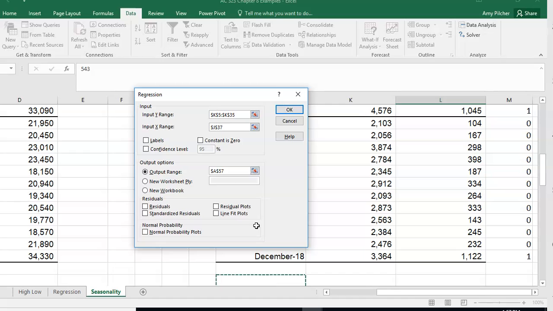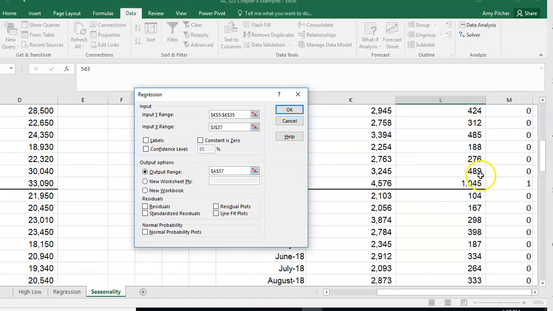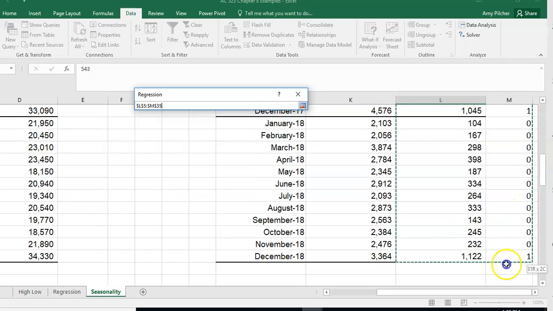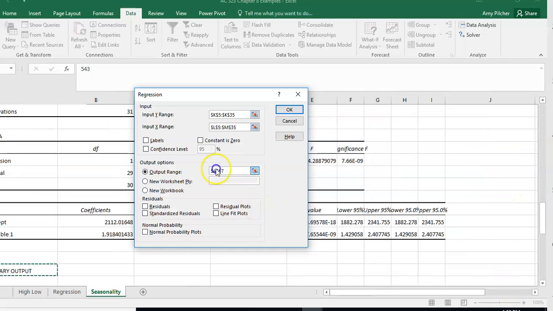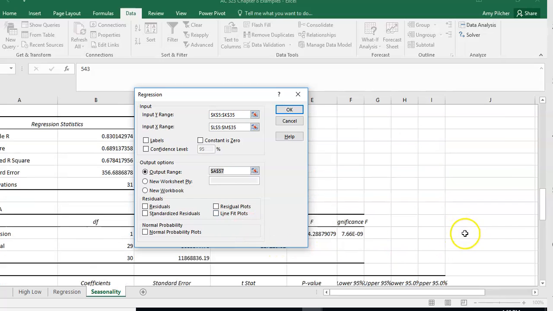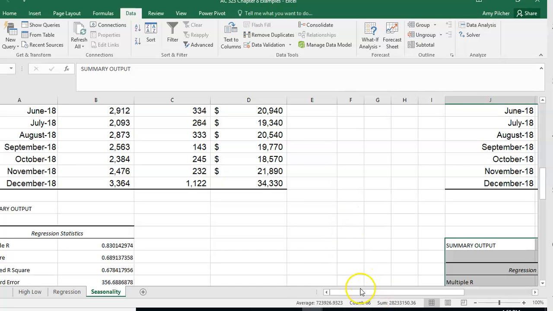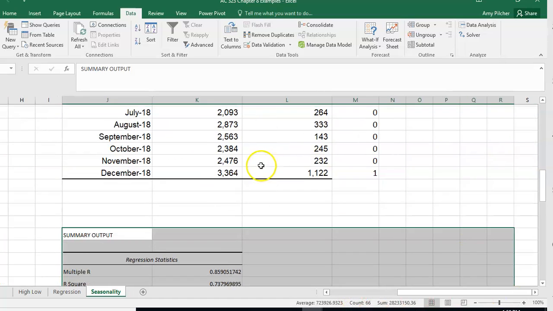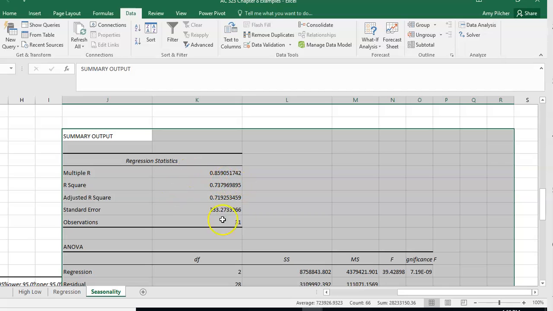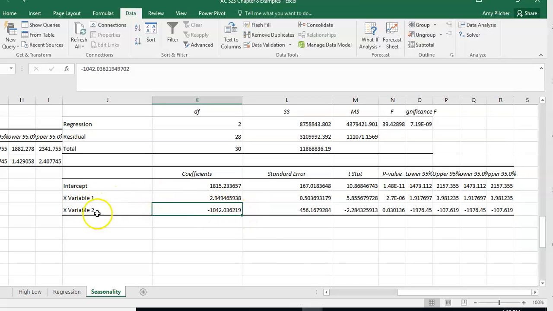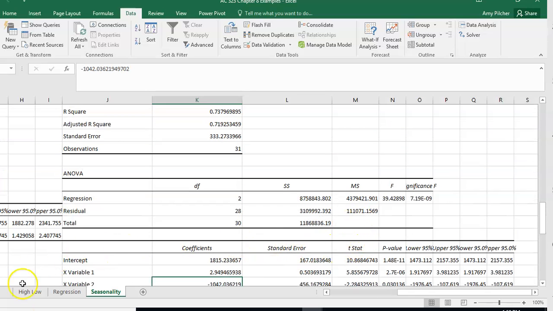And we're going to then output right underneath our table. Now we look at this, it has helped our equation significantly. We've accounted for that seasonality with the second variable, and that gives us our different cost equation.